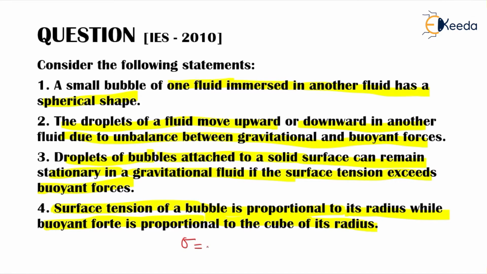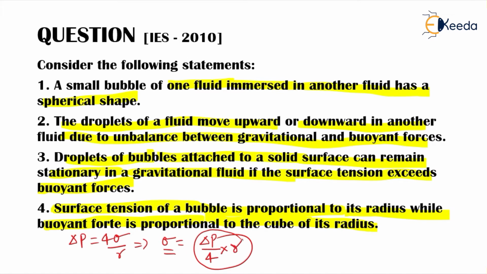For the case of a bubble, delta P value can be given as 4 sigma by R. So sigma can be given as delta P by 4 into R. That means sigma is directly proportional to R. So this seems to be the correct statement.